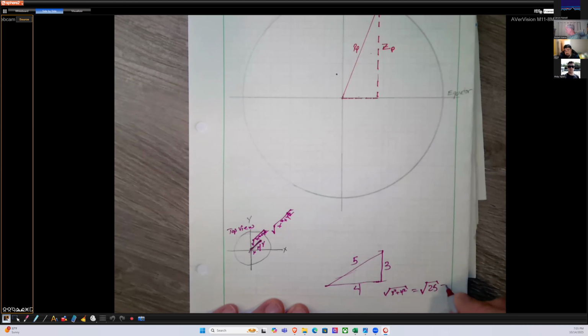That equals plus or minus 5. Your brains are tired. You should be able to do this while you're chewing gum and walking.